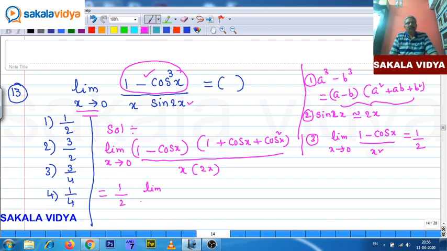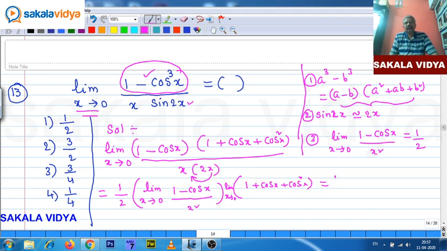Limit x approaches 0, x into x is x square, (1 minus cos x) by x square, into limit x approaches 0 of 1 plus cos x plus cos square x.